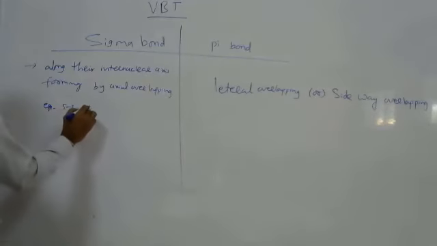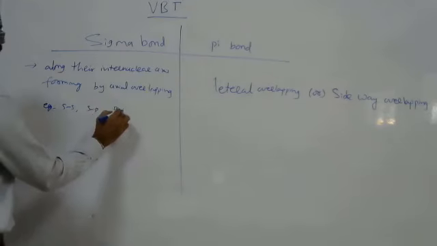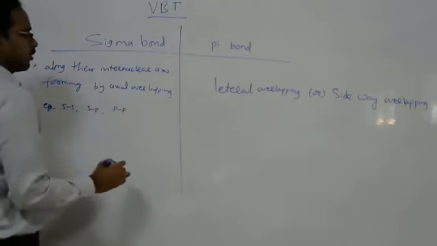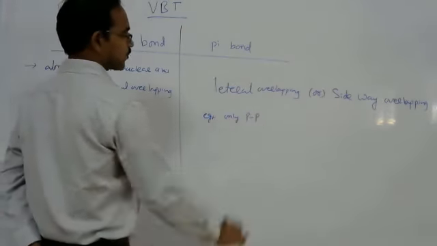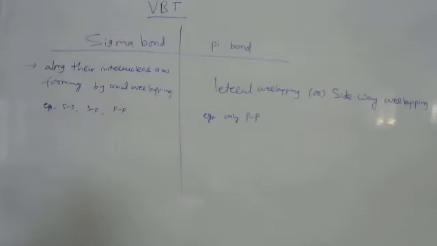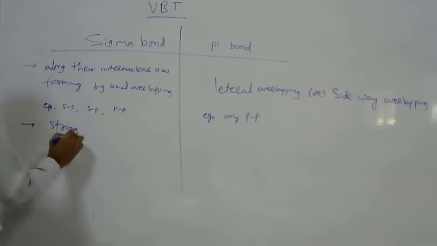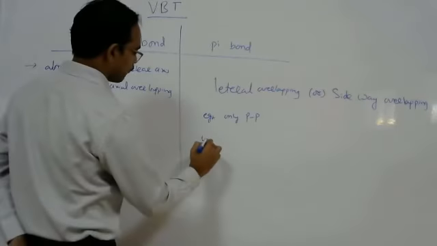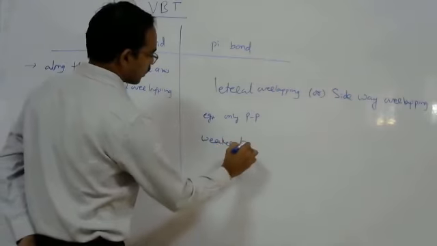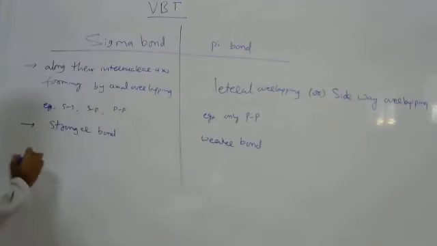Example: SS, SP, PP. But here example only PP. There is no SS या SP. Next point. Stronger bond, क्योंकि डायरेक्ट ओवरलैपिंग था. इधर weaker bond. Stronger bond and weaker bond.